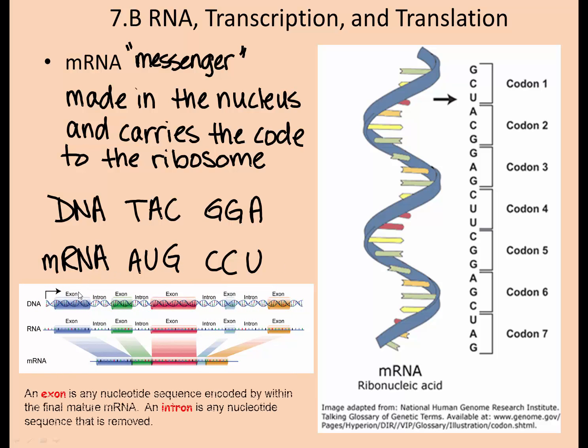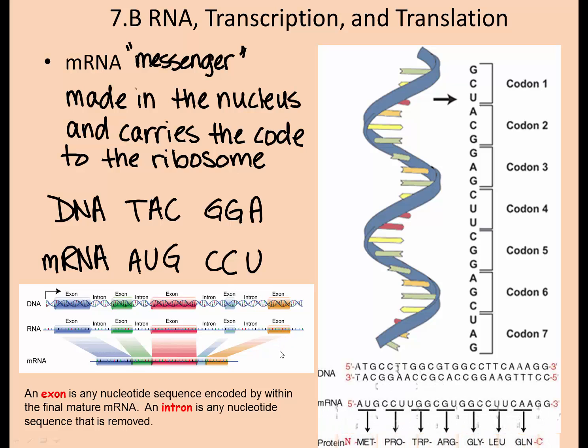And then we actually do have what are called exons and introns. The exons and introns in the messenger RNA come down and code out, but by the time we make a mature messenger RNA, we cut out the introns, which are basically things that don't code for proteins.